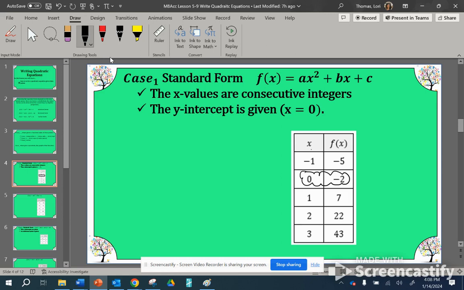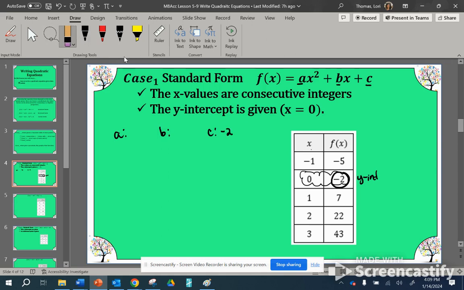So now we need an A value, a B value, and a C value to write standard form. We know that when we are given the y-intercept, when x is 0, the y-coordinate of the y-intercept is our C value. So again, we're going to need an A, a B, and a C value, and we know our C value is -2.